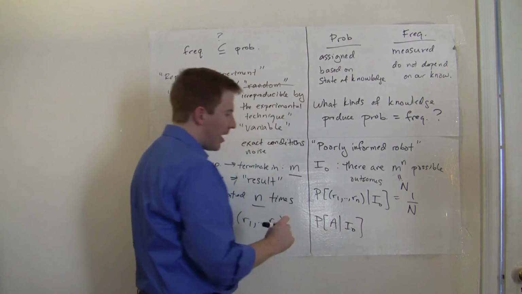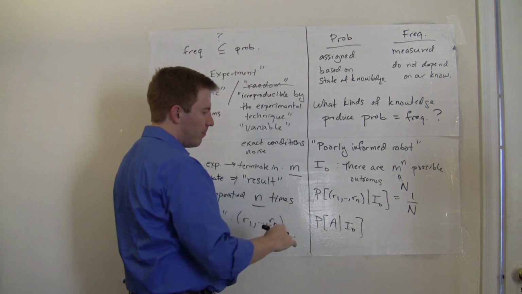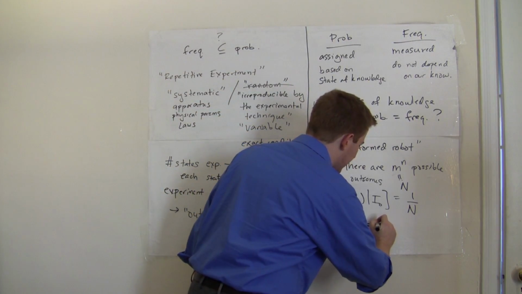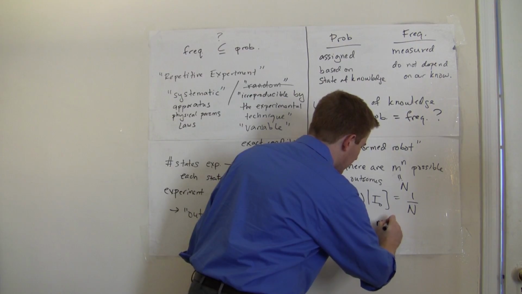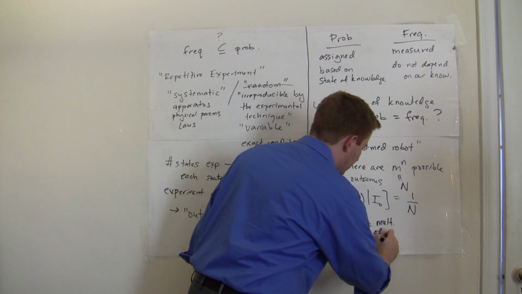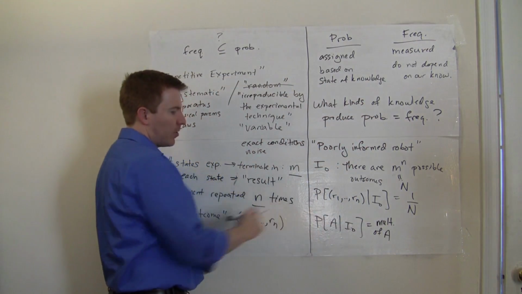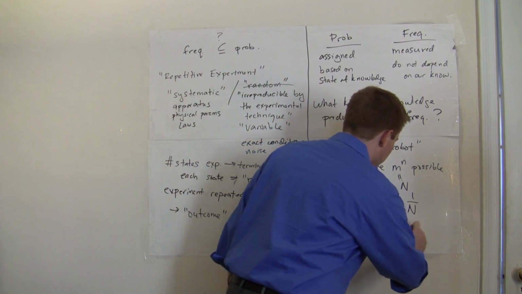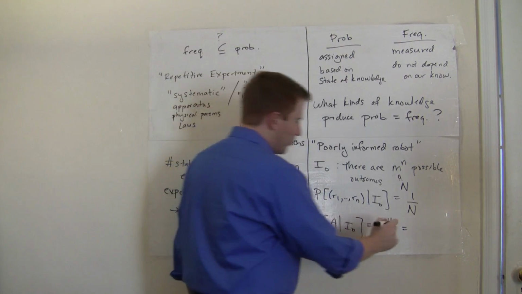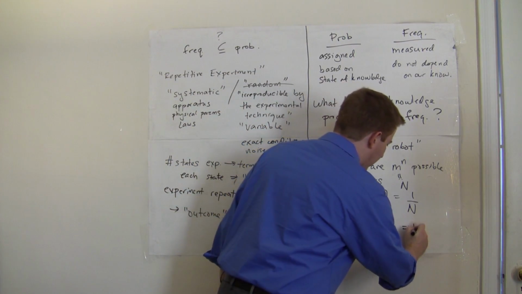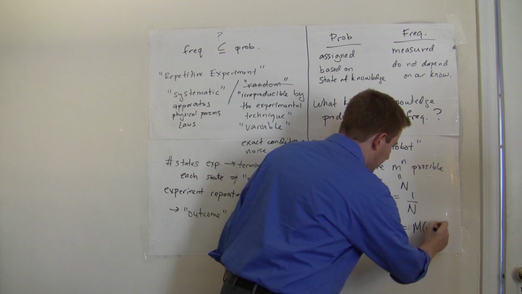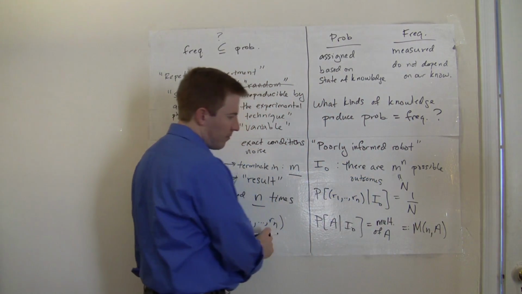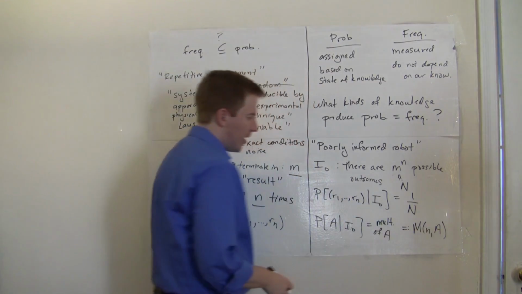The probability of that in this very ignorant, poorly informed robot's estimation is just going to be what we call the multiplicity of A, which is the number of outcomes that correspond to that event. This is the usual treatment. With the notation we'll use for that multiplicity of A, we'll call it M_n of A. So capital M, multiplicity, and n is just to remind us that we have n trials, and that's the event A.